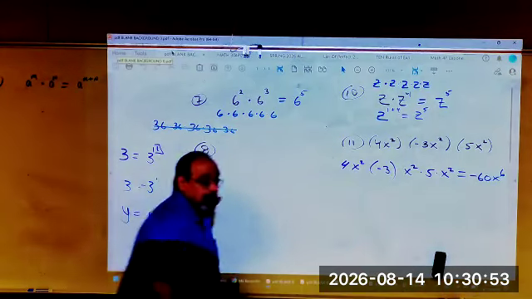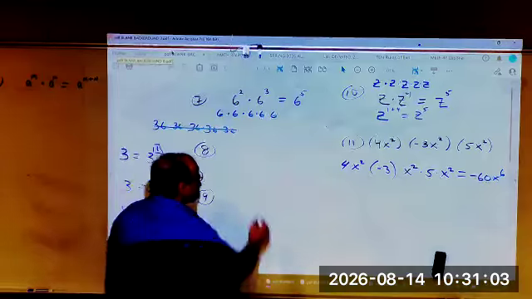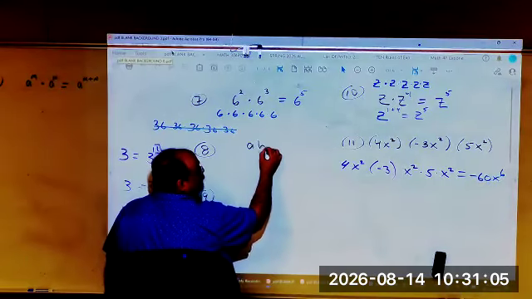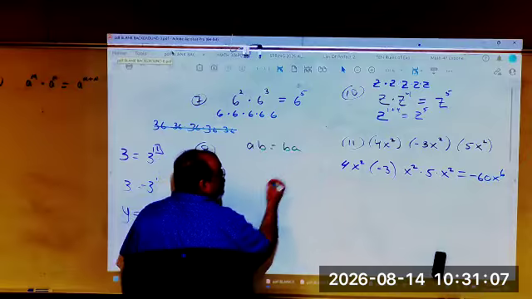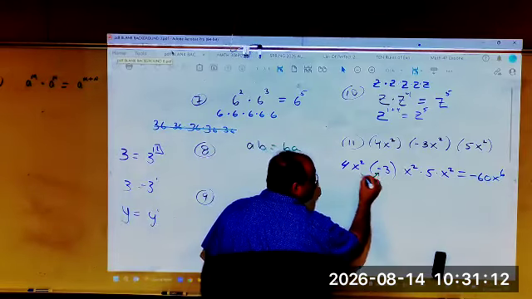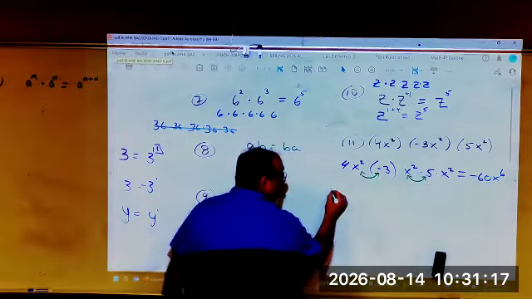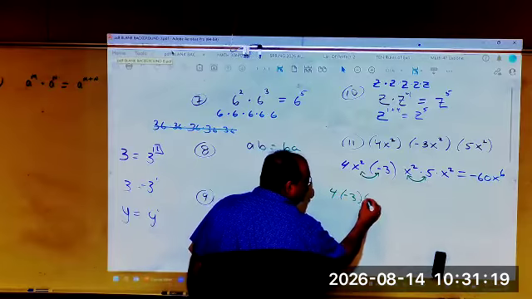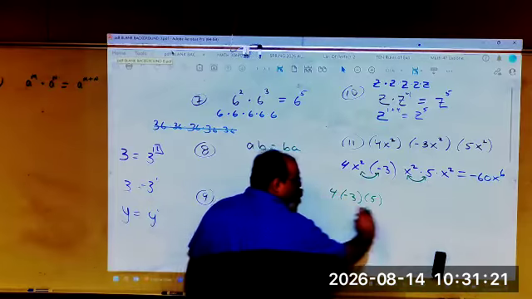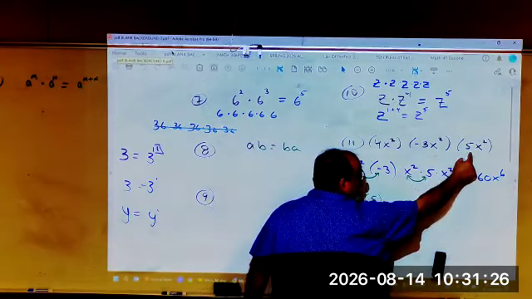Now, there's something called the commutative property. I can rearrange them. A times B is the same as B times A. I can switch things around, I can trade places. So I can get the 4 times the -3 times the 5 all in a row, and I can multiply these coefficients together.